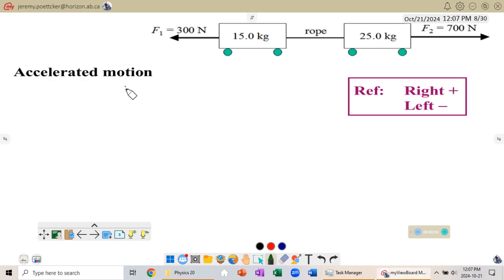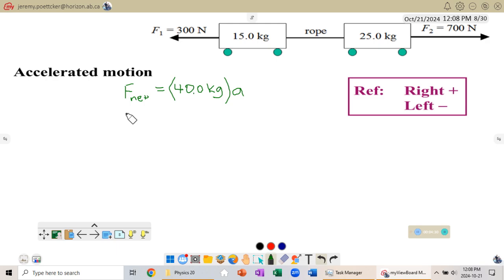Okay, so we could figure out F net, and this is where you have to put up with me writing with a mouse. So our mass is 15 plus 25, which is going to be 40.0 kilograms. And we've set up our reference system that to the right is positive. 40 kilograms multiplied by our acceleration, which eventually is what we want.